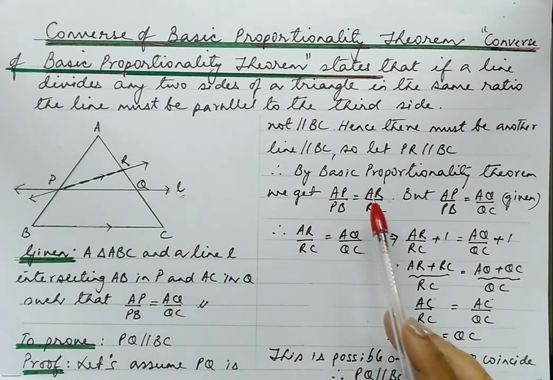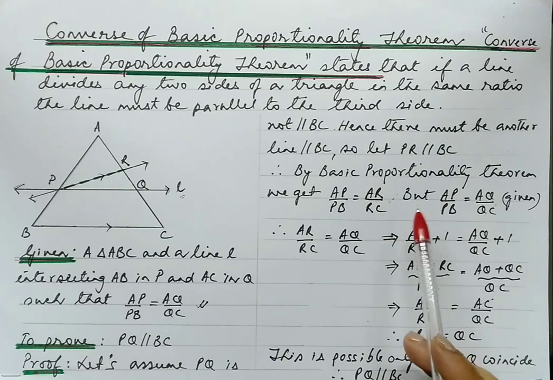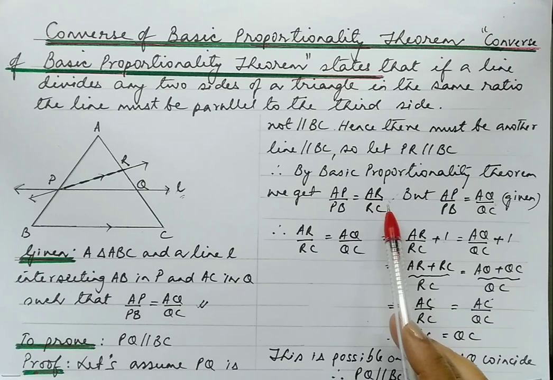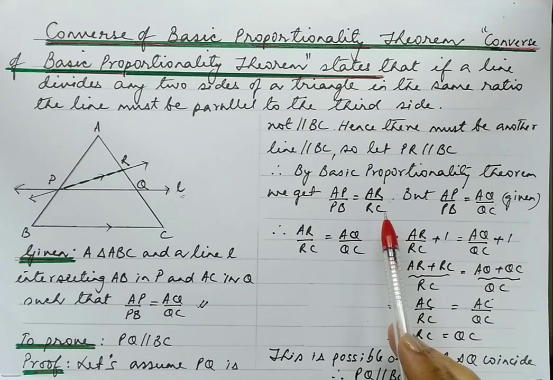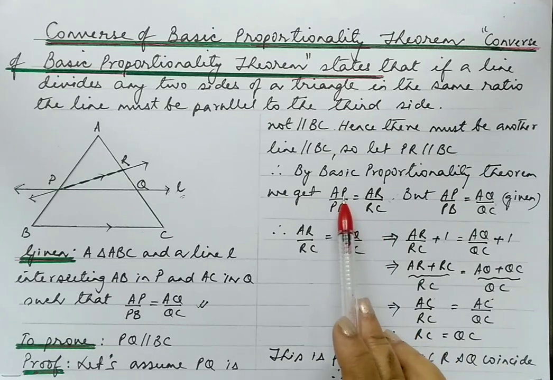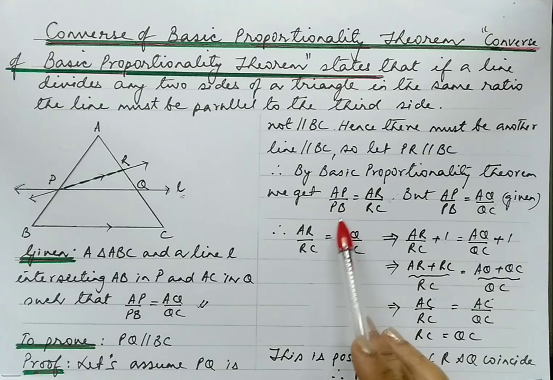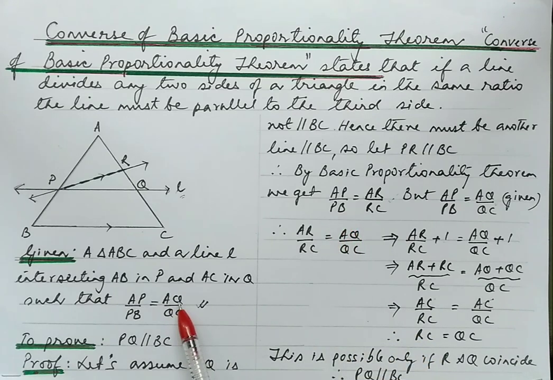Am I right? This is what we derive. But we have to take note that AP upon PB is already given as equal to AQ upon QC.